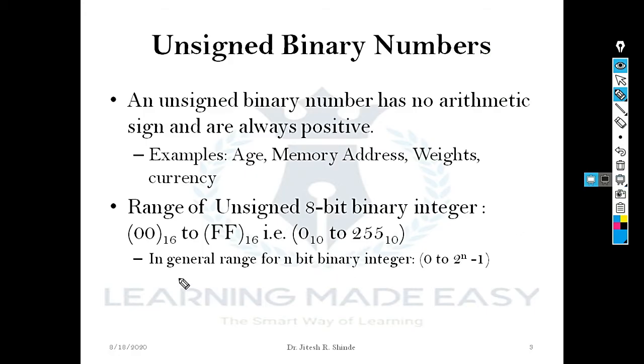The same thing has been written here. N-bit binary integer generalized formula is 0 to 2 to the power n minus 1. Similarly, for n equal to 8-bit binary integer, the range is 00 to FF in hexadecimal format, 0 to 255 in decimal number system.